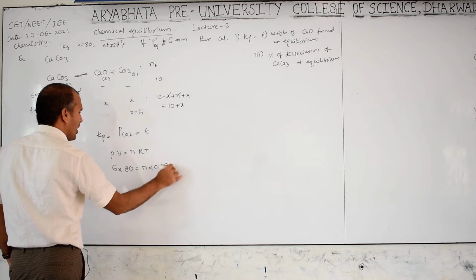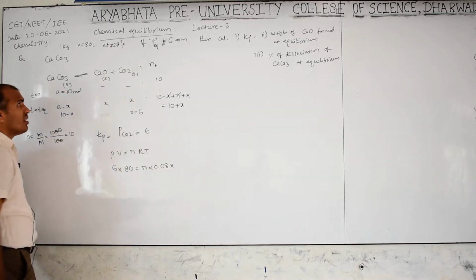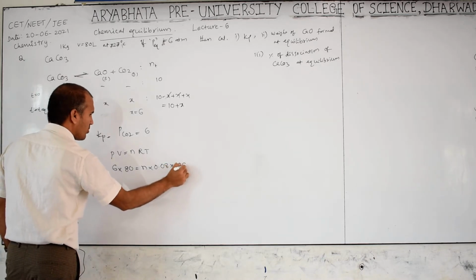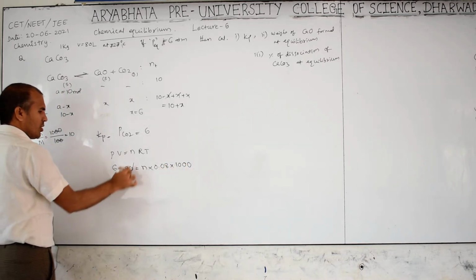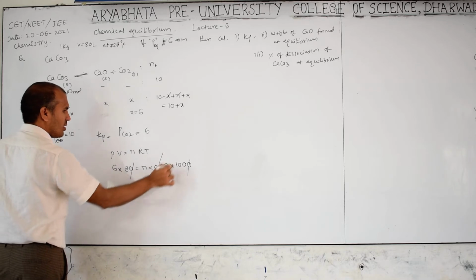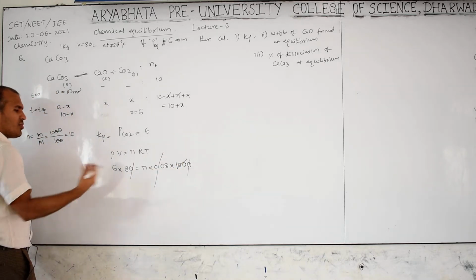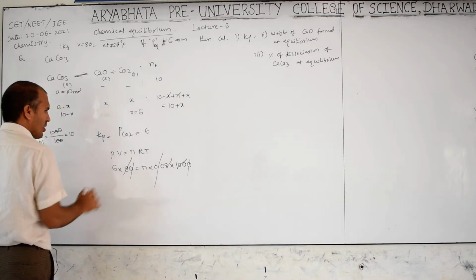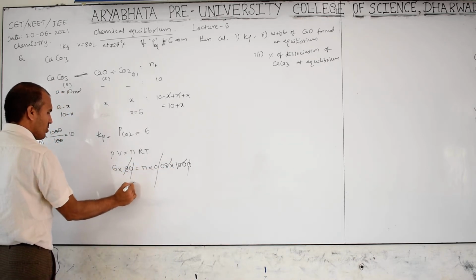And T is 727 plus 273, which is 1000. The zeros cancel, the values are given so that it is easy to cancel, and 8 also cancels, so the number of moles is equal to 6 only.